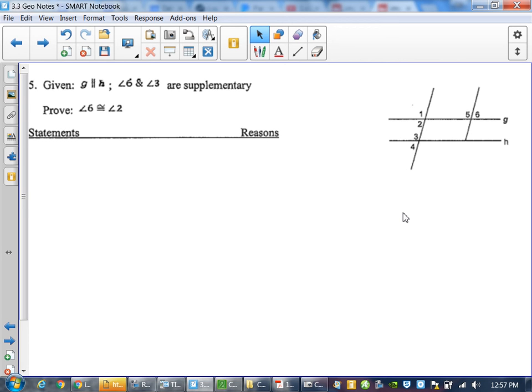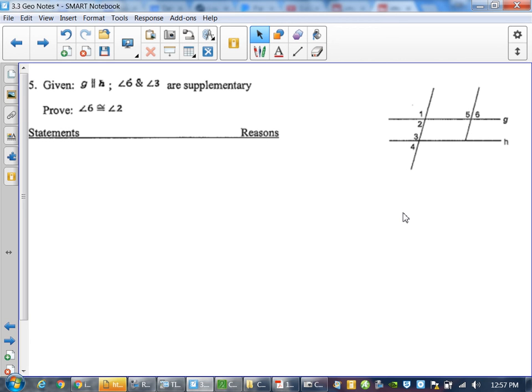What's supplementary again? That's 180. Are those two angles supplementary to 20? What's 160 and 20? Oh, yeah. All right. So since these two are supplementary to the same angle, they have to be congruent. It's called congruent supplements.